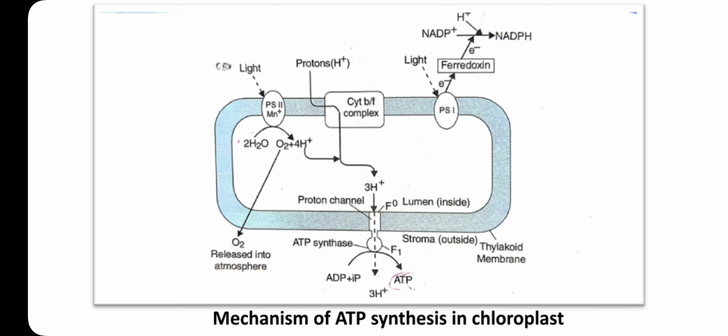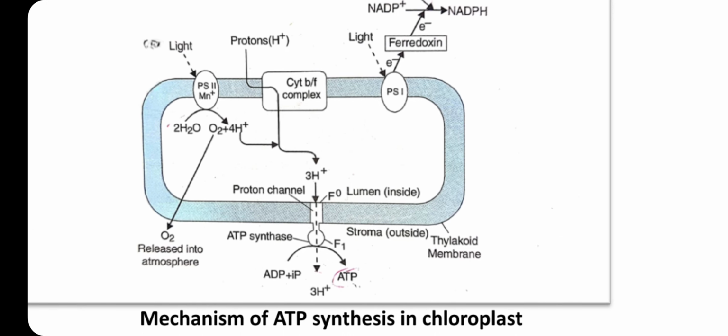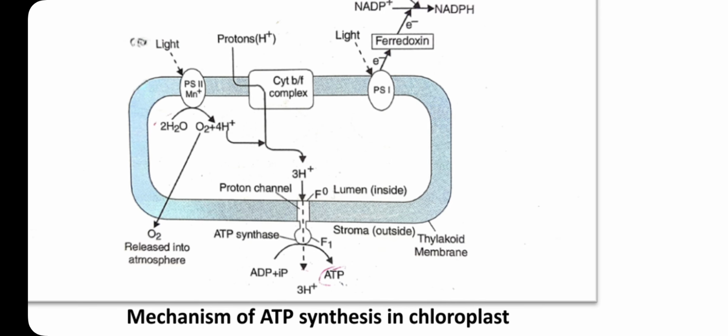During photosynthetic electron transport, hydrogen protons accumulate inside the thylakoid. Hydrogen protons are released into the thylakoid space after each split of a water molecule. As a result, the H plus ion concentration increases inside the thylakoid compared to outside the thylakoid membrane.